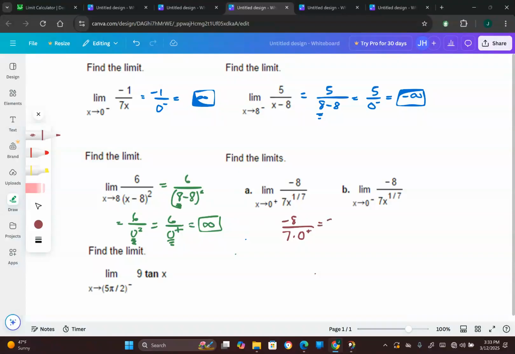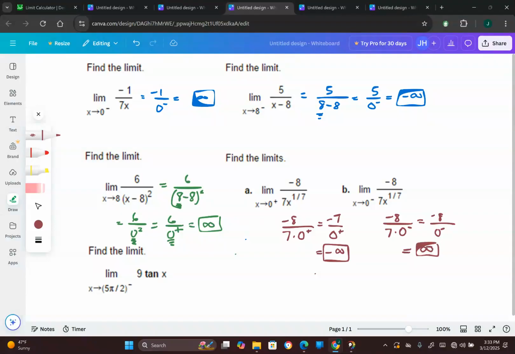So this would be negative 8 over a positive 0. This comes out to be negative infinity because it's a negative divided by a positive. The next problem is also negative 8 over 7 times 0, but this time there are negative numbers approaching 0. This comes out to be negative 8 over negative numbers approaching 0. What's a negative divided by negative? Positive. And 8 divided by 0 is infinity.